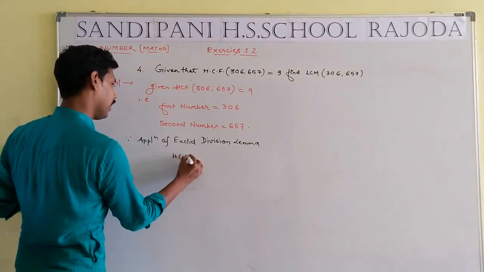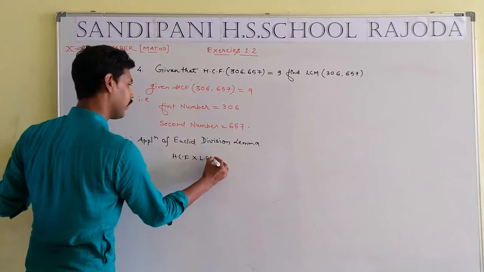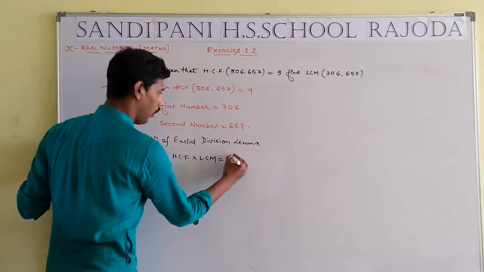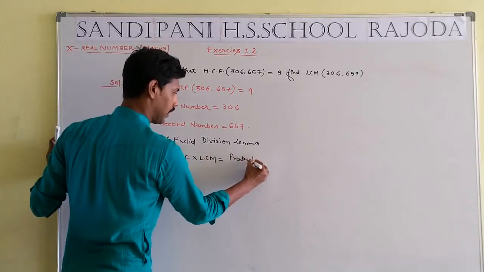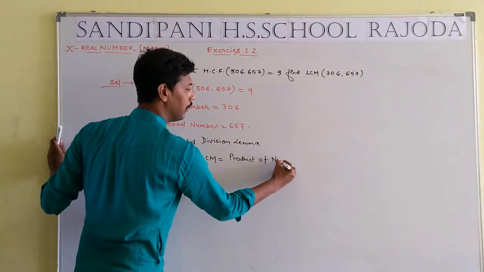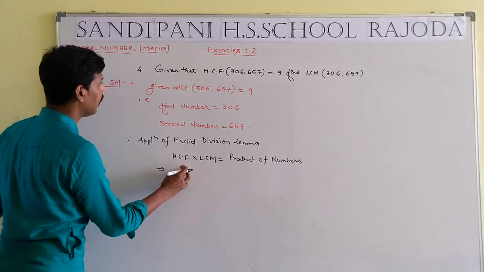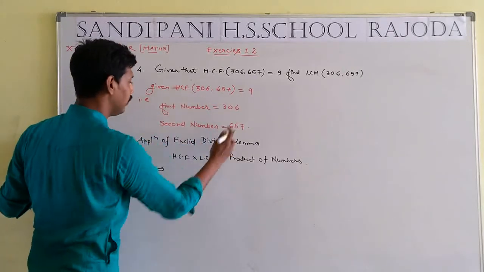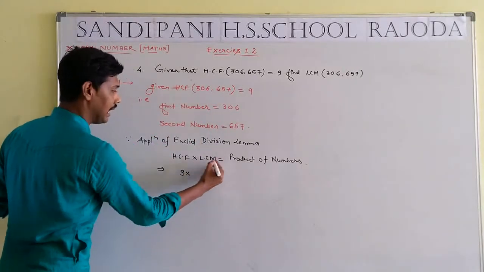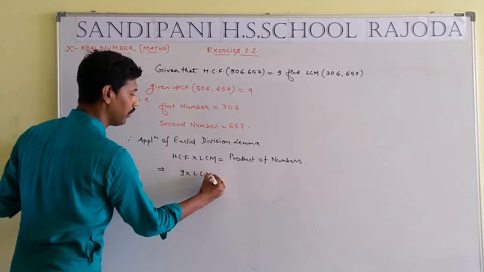We can write HCF into LCM is equal to the product of the numbers. What is the meaning of HCF? According to the given question, HCF is equal to 9. We have to find the value of LCM.